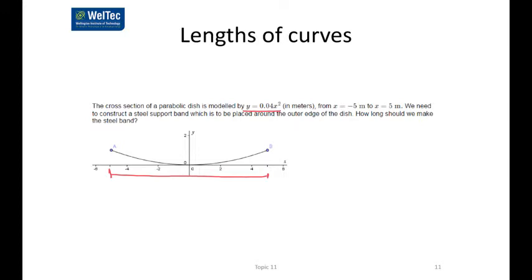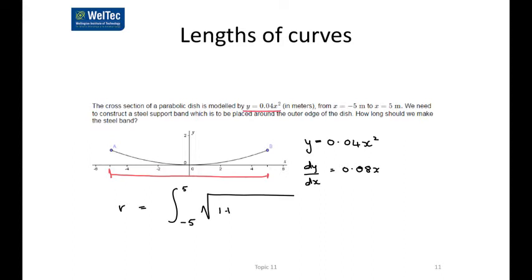So we can just start off with y equals 0.04 x squared, and the derivative of that is going to be 0.08 x. Okay, the arc length, doesn't matter whether you call it R or S, whatever, is going to be the integral between -5 and 5 of the square root of 1 plus (0.08 x) squared dx.